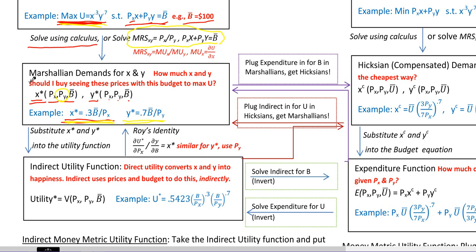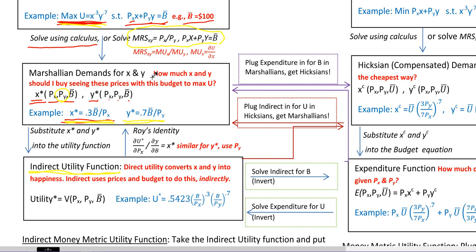Now, another relationship that sometimes you want to find is called an indirect utility function. What's the difference between that and a direct utility function? Well, I have little notes here in red to help you understand what the function's doing.